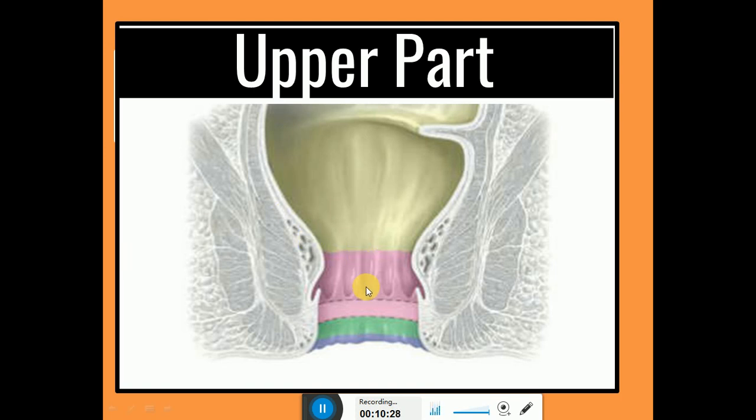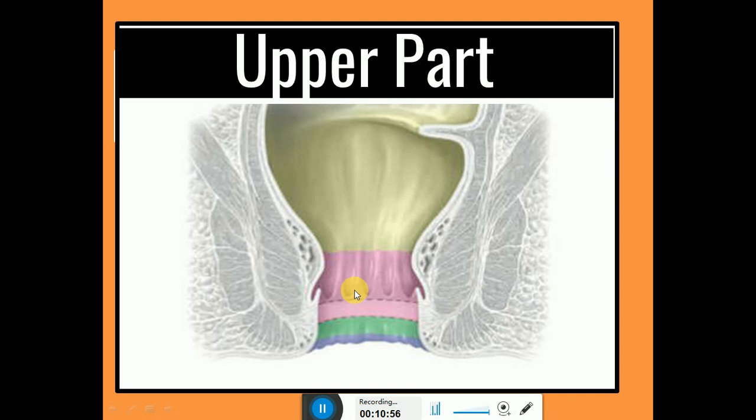You can see they are longitudinal folds of mucous membrane. Maximum we have 10. Now this portion, the crescentic folds of mucous membrane, are called anal valves, which are connecting the two columns.